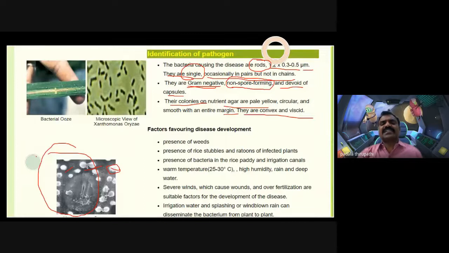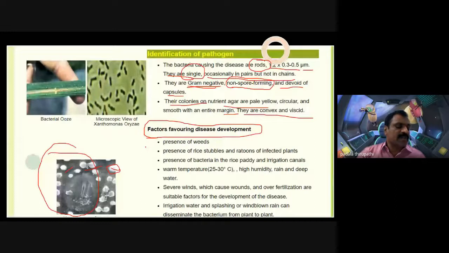Then what are the factors favoring disease development? For any disease, the favorable conditions are most important. Especially in bacterial blight, the presence of weeds is a major problem for spreading of this disease, along with rice stubbles and ratoons of infected plants, the presence of the bacteria in rice paddies and irrigation canals, and a temperature of 25 to 30 degrees.